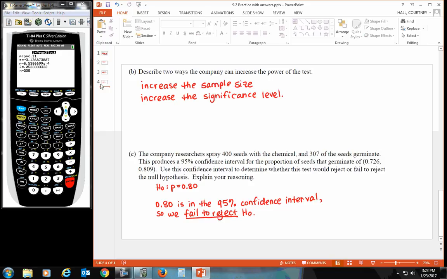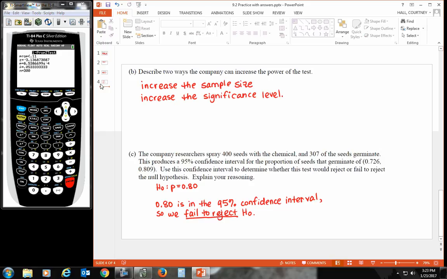Okay, on 2B, I know we didn't go very in depth with power, and I know right now you're going, I have no idea what this is, even though she just explained one. But all I want you to really memorize is for this problem right here, for 2B, if you want to increase the power, then you need to increase the sample size and increase your significance level.